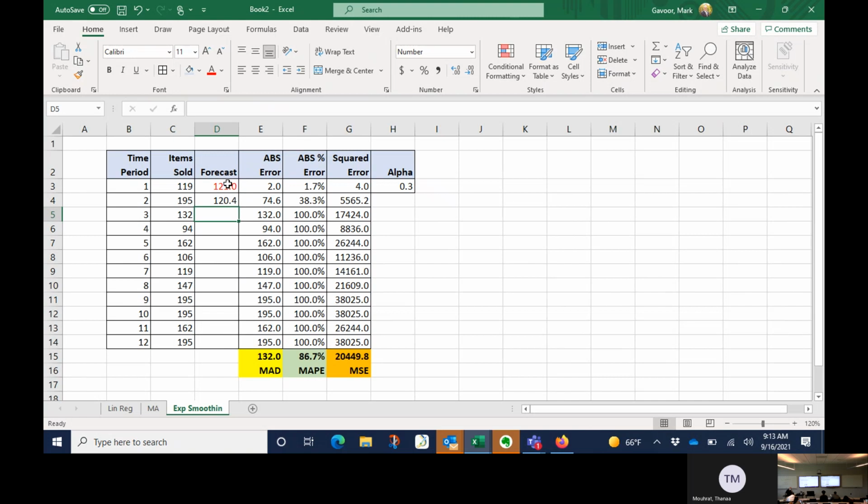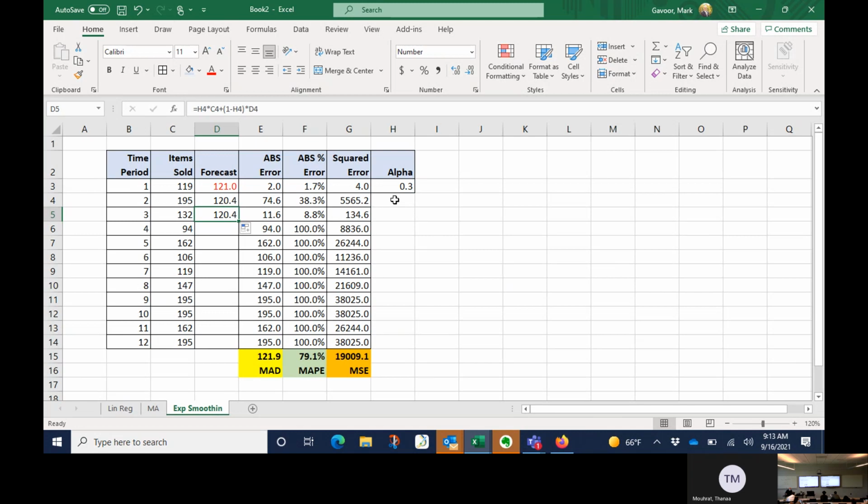Now, if I copy this down, it's going to be wrong. Why? Because look at what I have here. I have H3, D3, right? The alpha is D3. When I copy it down, it's going to want to put alpha at D4.